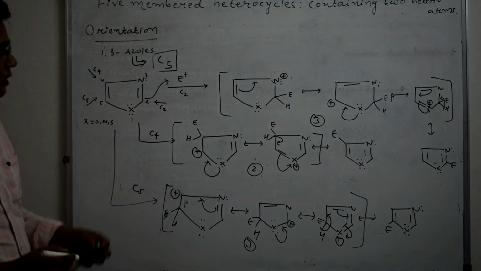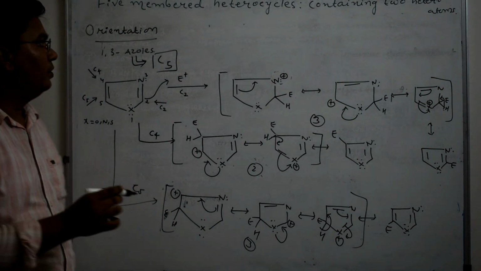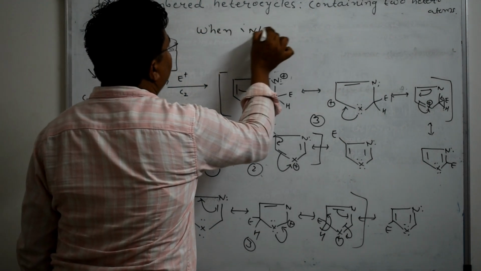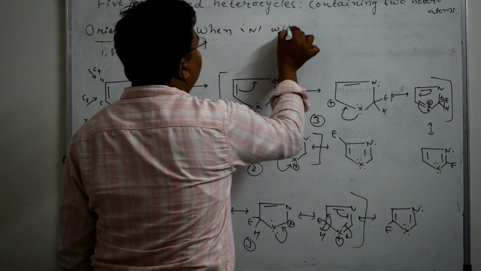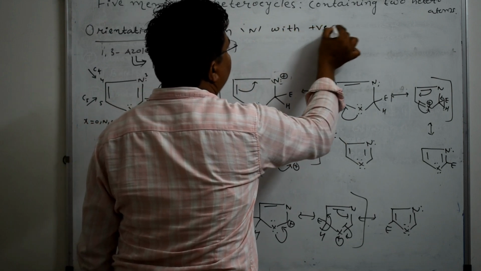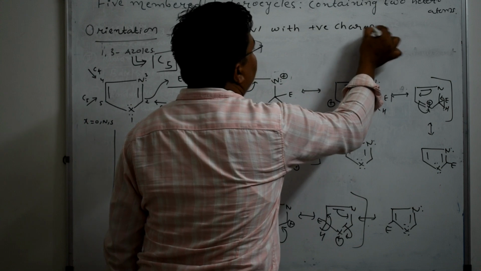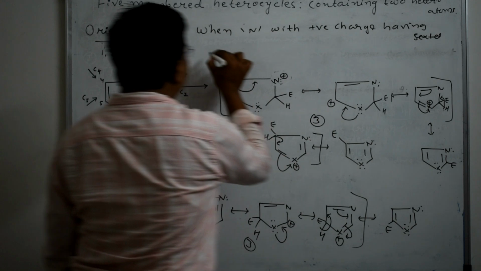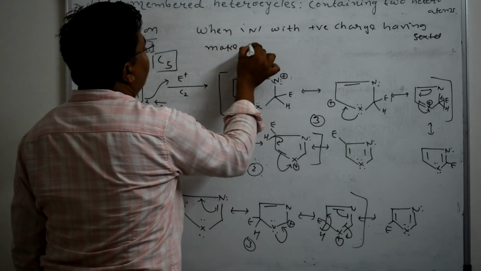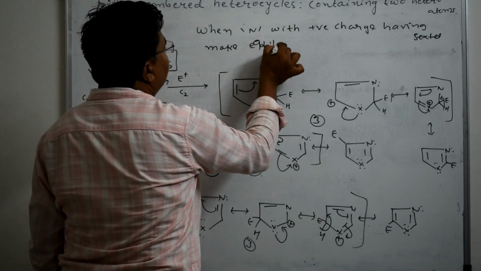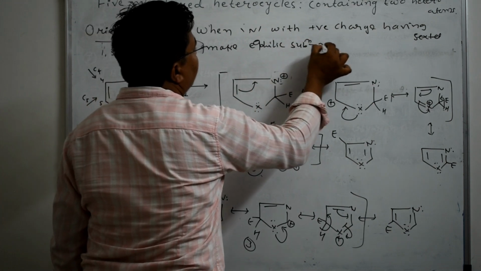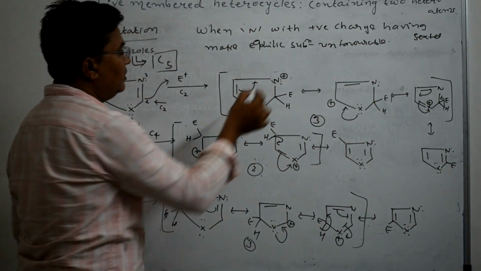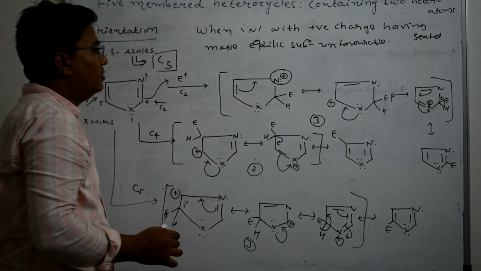But before making a conclusion on the basis of resonance, you need to know that a nitrogen with positive charge having a sextet, having 6 electrons, makes electrophilic substitution unfavorable.